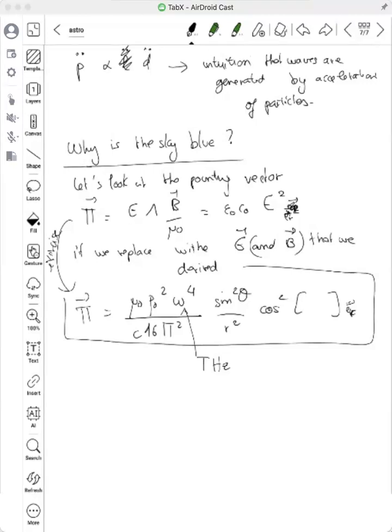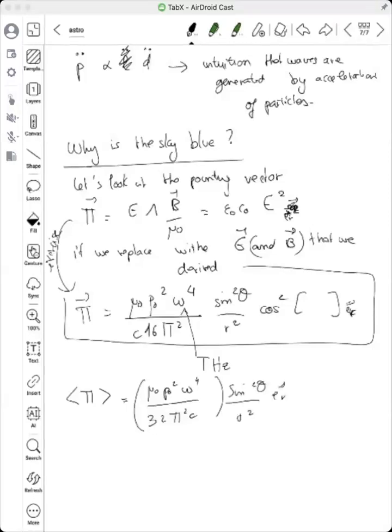Rather, what is more measurable is the mean value of the Poynting vector, which is equal to mu 0 p0 squared omega to the 4 over 32 pi squared c, sine squared theta over R squared er.